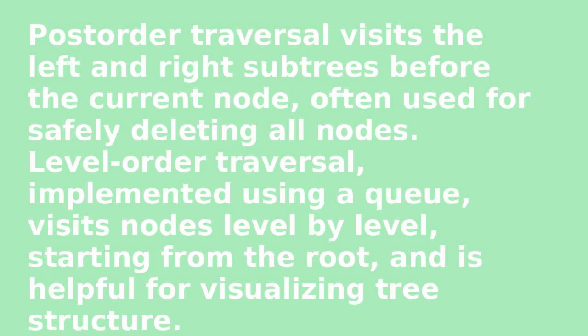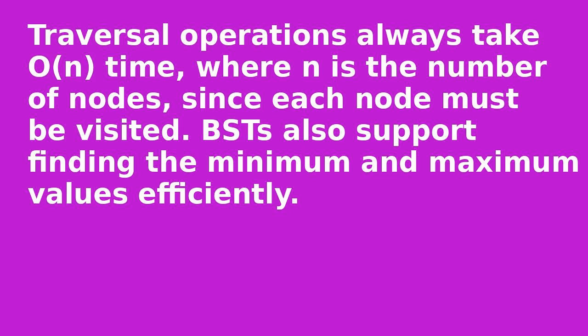Post-order traversal visits the left and right subtrees before the current node, often used for safely deleting all nodes. Level order traversal, implemented using a queue, visits nodes level by level, starting from the root, and is helpful for visualizing tree structure. Traversal operations always take O(n) time, where n is the number of nodes.